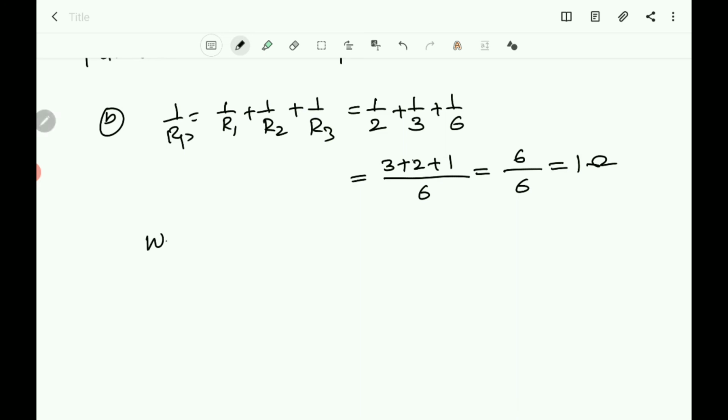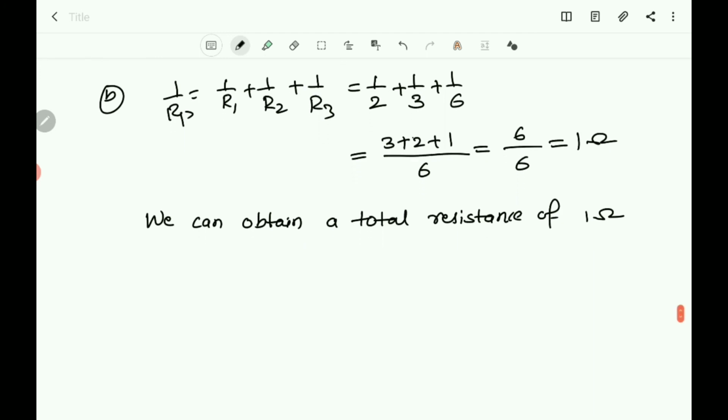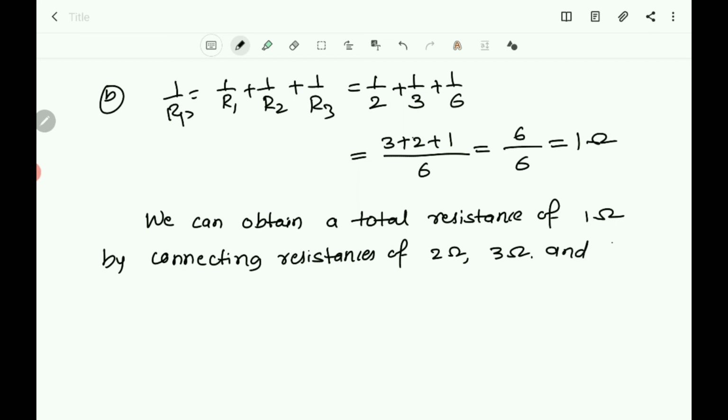So we can obtain a total resistance of 1 ohm by connecting resistances of 2 ohm, 3 ohm and 6 ohm in parallel.